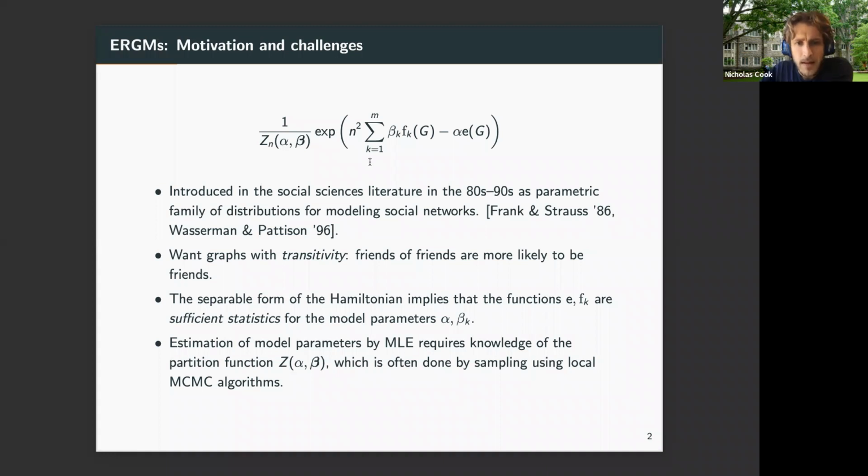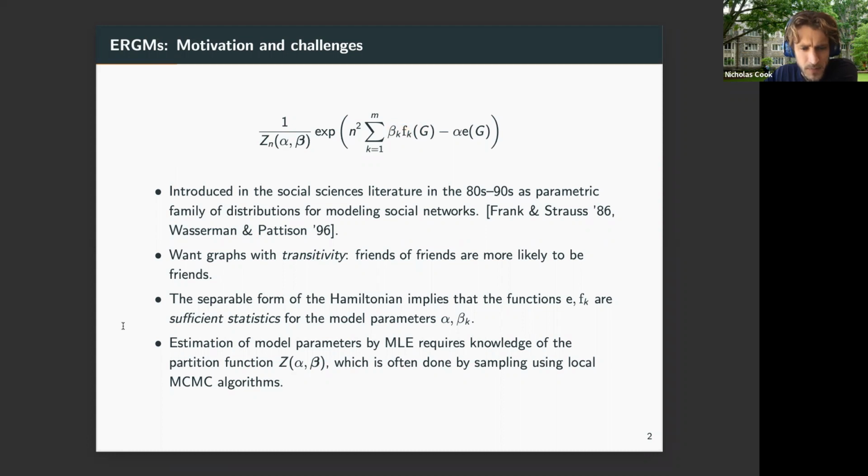Okay. The separable form of the Hamiltonian, like this, is convenient for the practice of statistics because it means that these statistics are sufficient statistics for the corresponding model parameters.